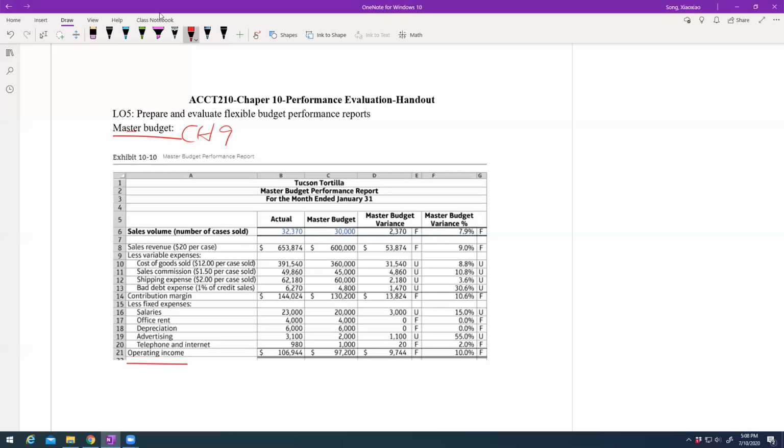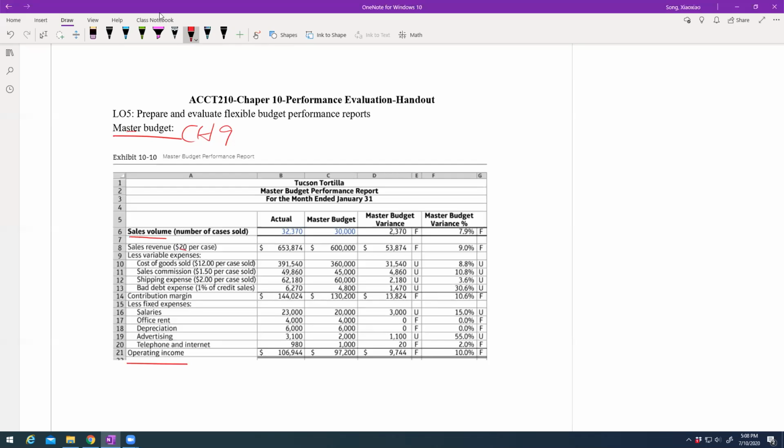So you have the sales volume, the number of cases you budget to sell, and from there we have our sales revenue, right? Each one is budgeted to be at $20. We minus our variable expense, we get our contribution margin, we minus all the fixed cost, we get our operating income.